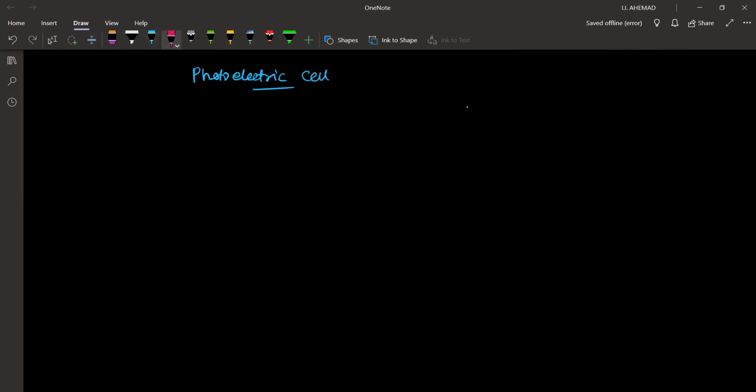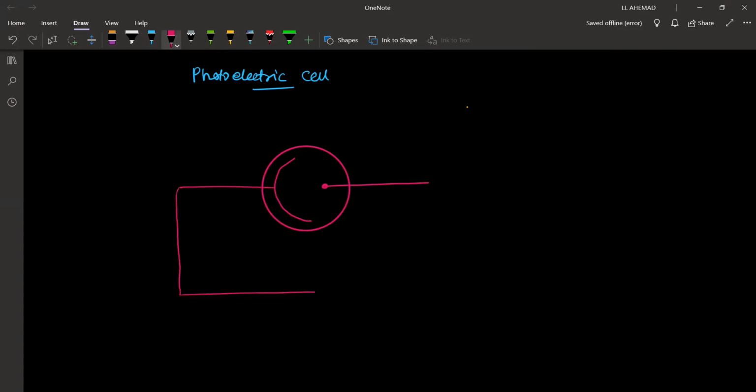So here, this is the experimental setup. Now here we have a microammeter, and in this setup, this is the cathode, and this is the anode.